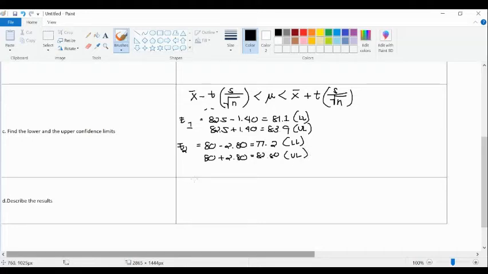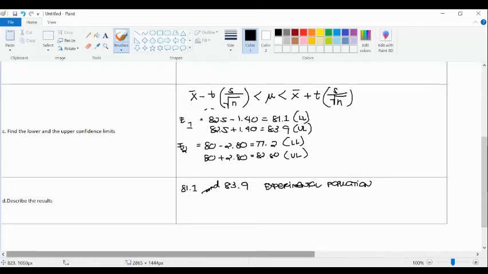So for the results, we can say with 95% confidence that the interval between 81.1 and 83.9 contains the true mean of the experimental population. So this is for your experimental population.